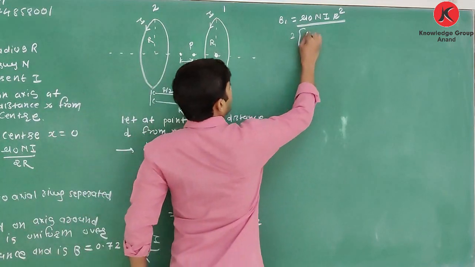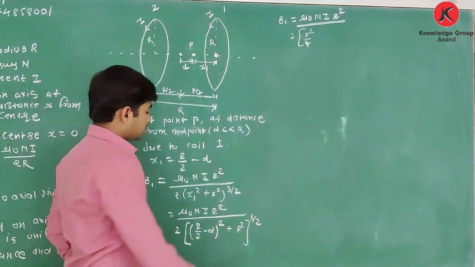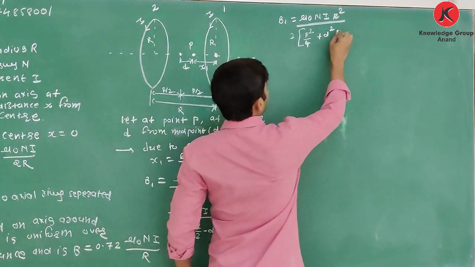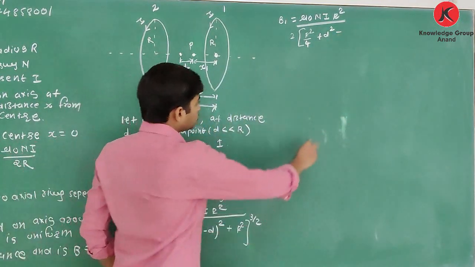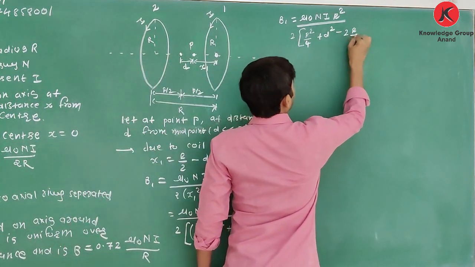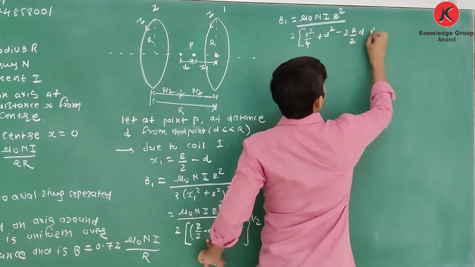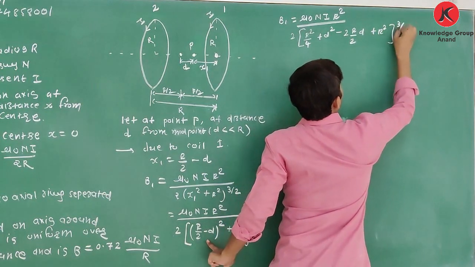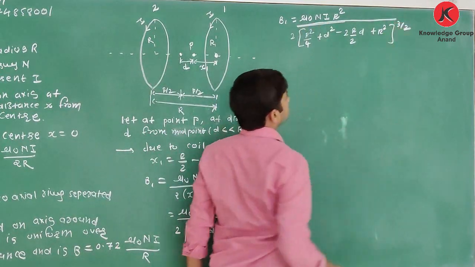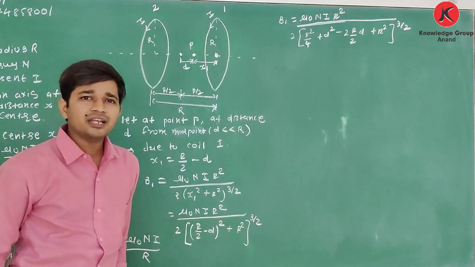So yes, it is r²/4 + d² − 2(r/2)d, that is, r²/4 + d² − r d. Clear about this? So yes, this term is simplified, plus here it is r², raised to 3/2. Clear about this? Okay. Now this distance d is very small compared to r.